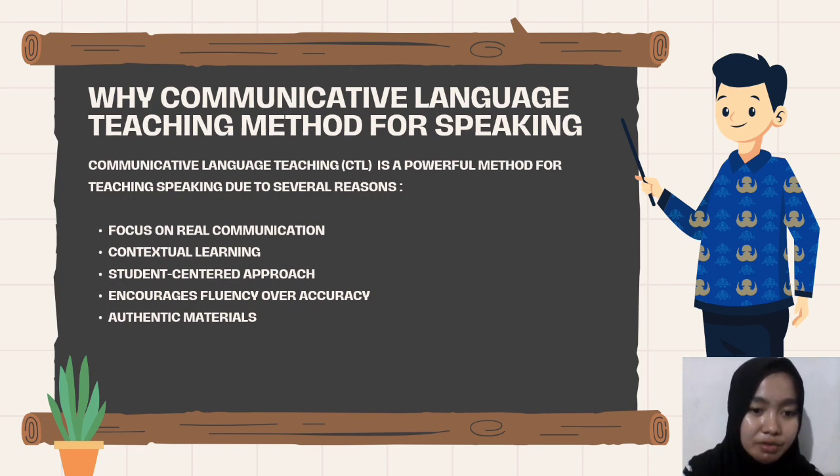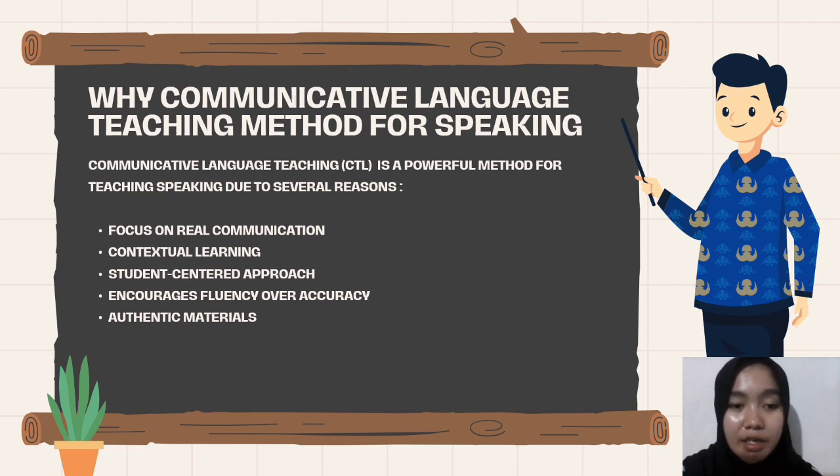Student-centered approach. CLT adopts a student-centered approach, placing learners at the center of the learning process. This encourages active participation and engagement, allowing students to take on more responsibility for their own language learning.